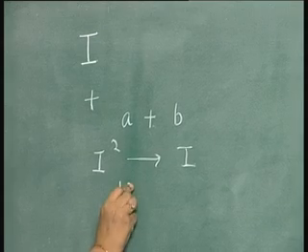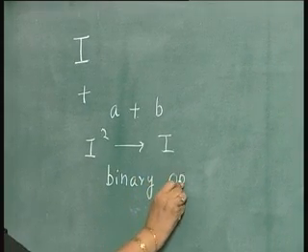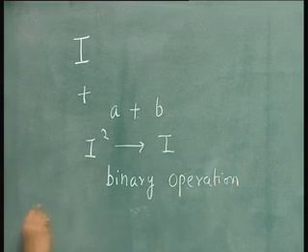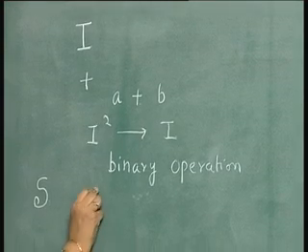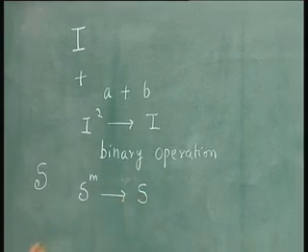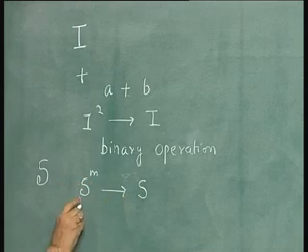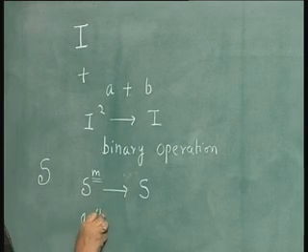This operation of addition is called a binary operation. In general, if you take the underlying set to be S, then an operation represents a mapping from S^m into S. So, if you have m arguments, you get a value from S, and this m is called the arity of the operation.